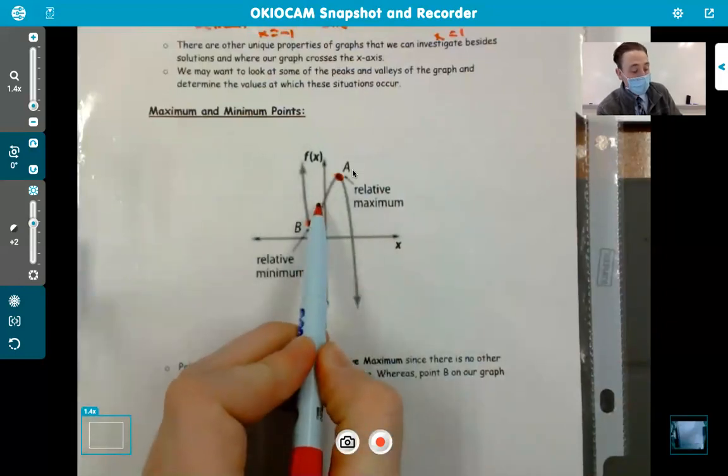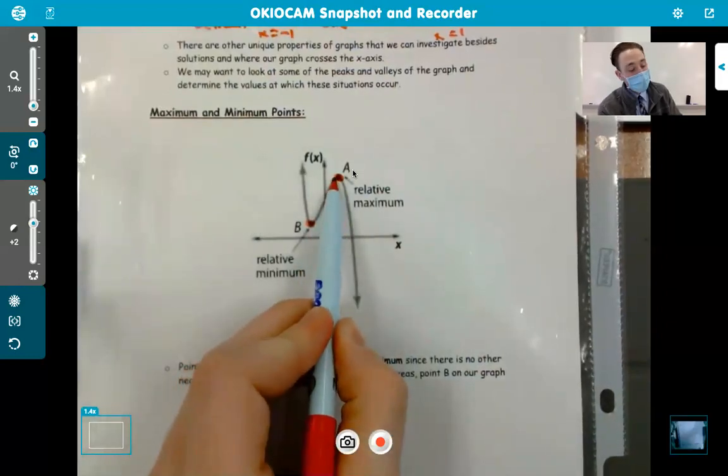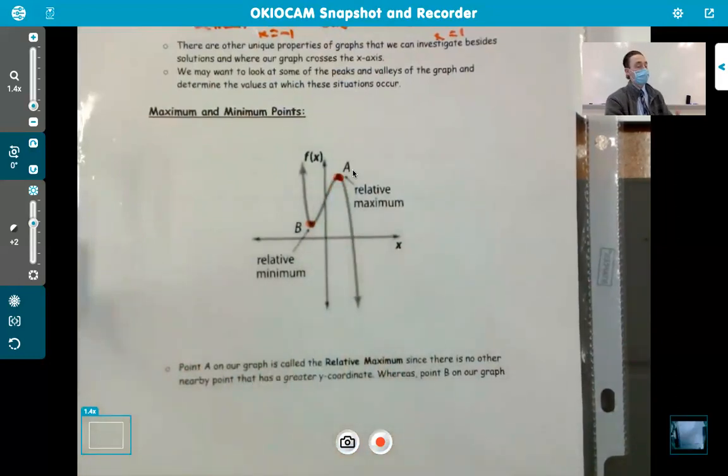Similar with the max, I'm increasing until I get to that point, and then I start to decrease. So let's try and wrap our heads around that, because that's going to be helpful for us to understand where my max and min are, given a table of values or given a graph. Everybody understand what a relative max and min are, just on the surface level for right now? Any questions at all?